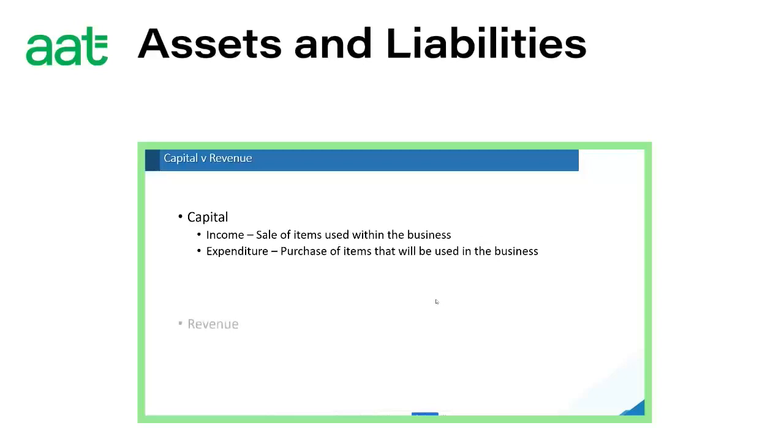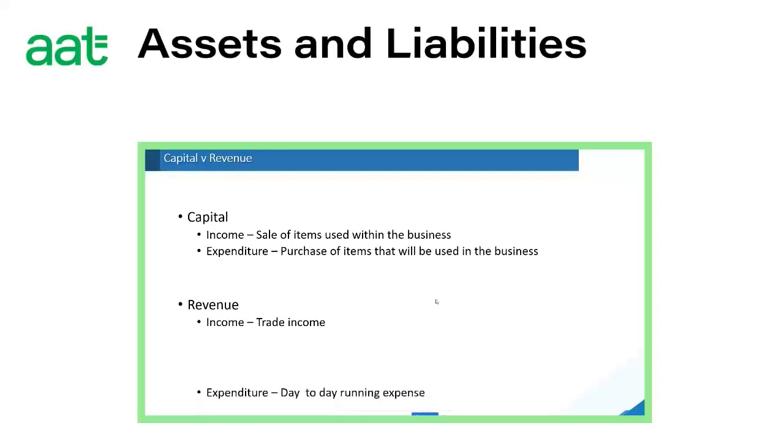Okay, then we've got the revenue side of it. So we've got income coming in. So revenue income is money coming in from trade. So if you're selling mobile phones, it's the sale of your mobile phones. Okay. If you're working in advertising, for instance, and you sell advertising, it's the money coming in from advertising.